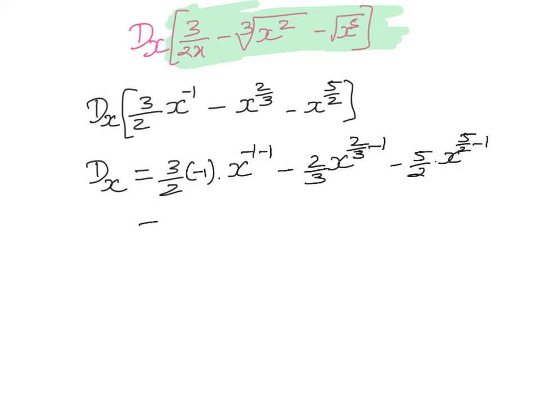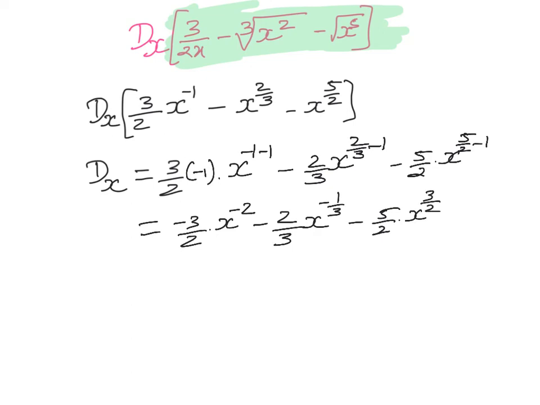Now I'm going to simplify it. So it is equal to negative 3 over 2 times x to the power of negative 2 minus 2 over 3, x to the power of 2 over 3 minus 1 will give me negative 1 over 3, minus 5 over 2, x to the power of 5 over 2 minus 1 will give me 3 over 2.